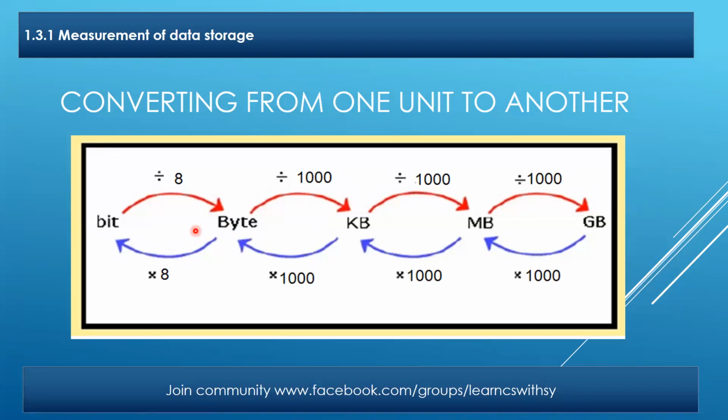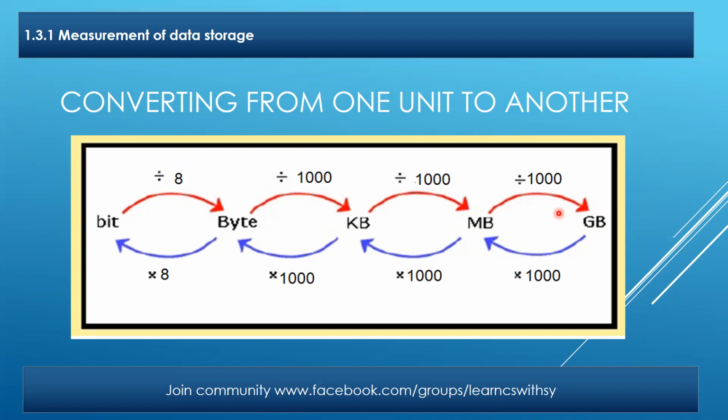So in other words, if I have to move from byte to gigabyte, I'll be dividing it by 1000 thrice. Making sense? What did I say?